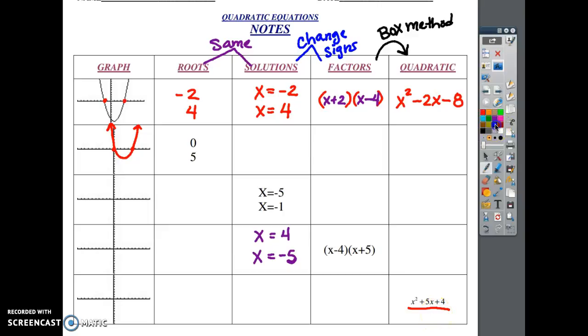So if I want to work backwards, if they give me the quadratic, how do I go from here all the way to here? You would, same thing, box method. If you're going from a quadratic and finding the factors, you do the box method backwards. So I have x squared plus 5x plus 4. And again, this is just a review because we've done this before.